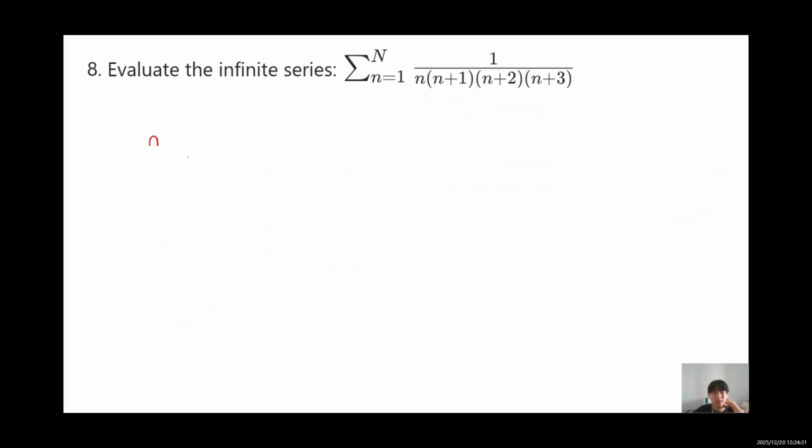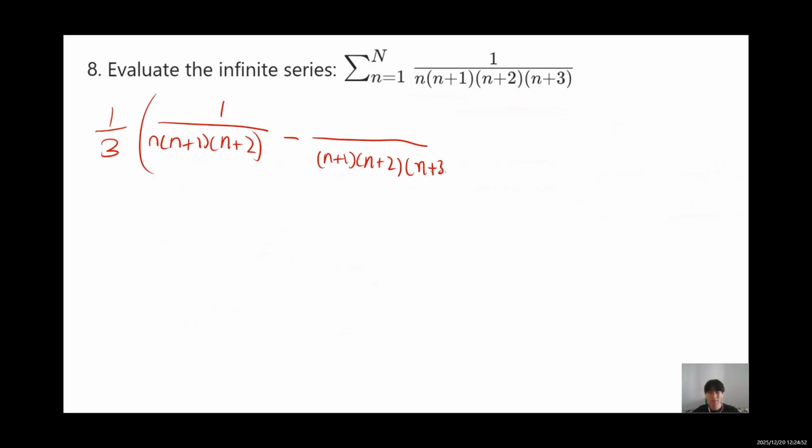Let's write it again. After partial fractions, this is, let's take out 1 over 3. 1 over 3, n plus 1, n plus 2, n plus 3. Okay, then let's just plug in 1, 2, 3, minus 2, 3, 4.